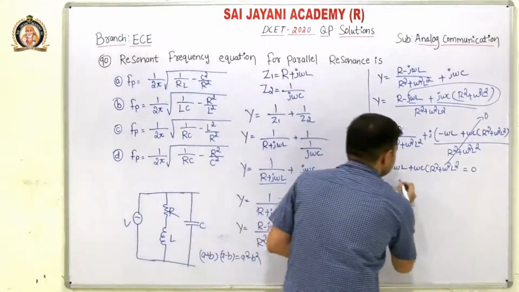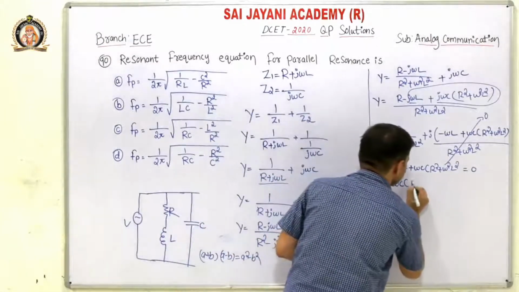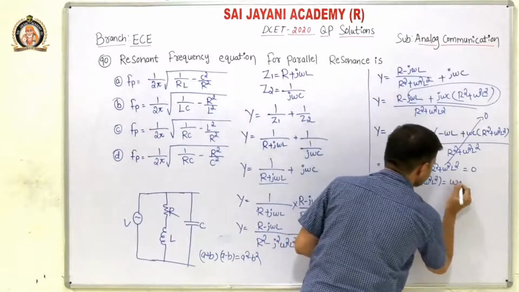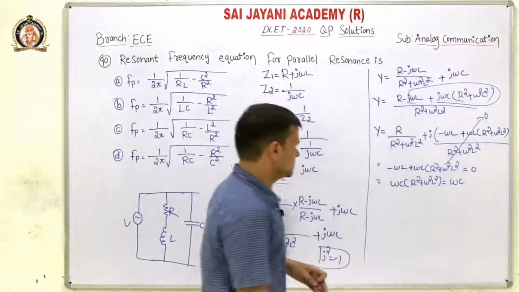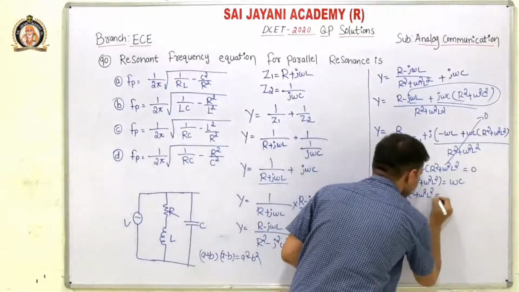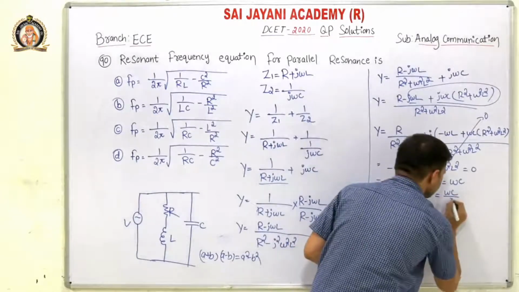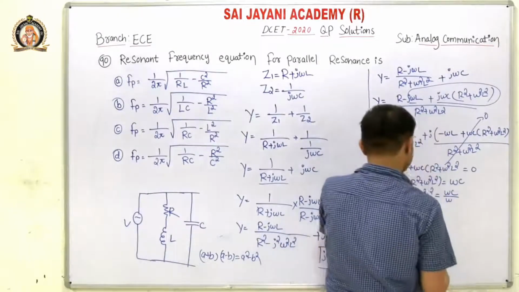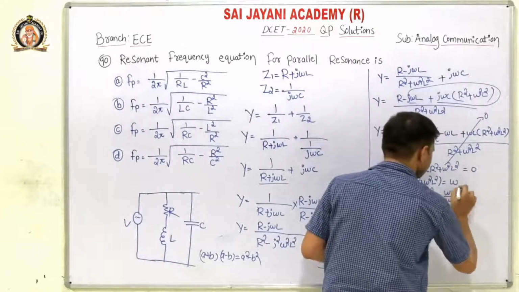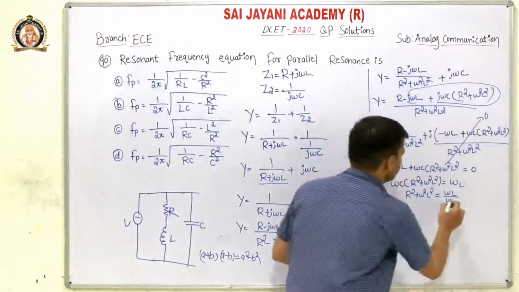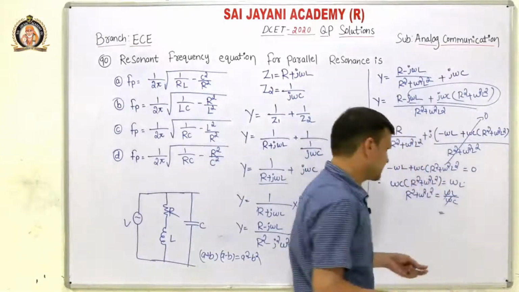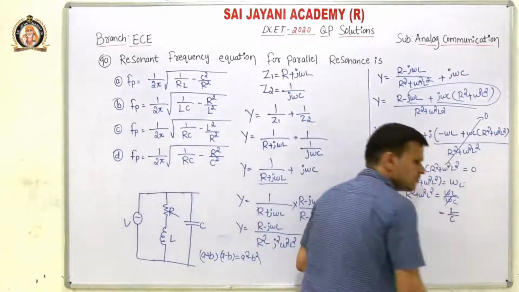Okay, then omega C into R square plus omega square into L square is equal to omega L. Then R square plus omega square into L square is equal to omega L divided by omega C. Then omega cancels each other, so we will get L by C.